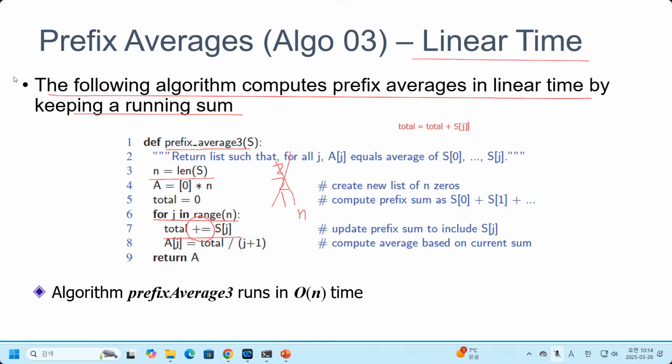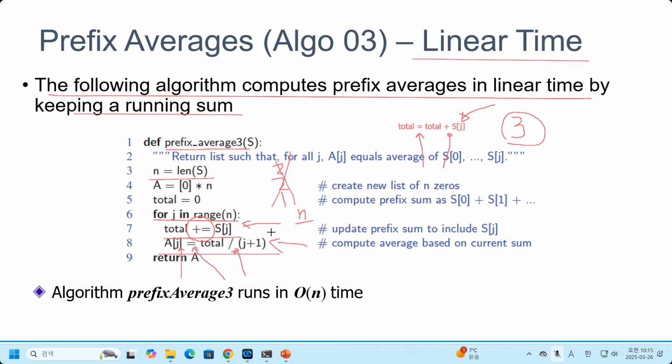In this case, we have only two operations, equal and plus, or maybe 3 with this indexing. So there are 3 operations, but this is only a primitive operation. And what about this? This is also assignment, indexing, and division. So this is also another primitive operation.